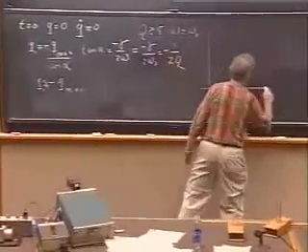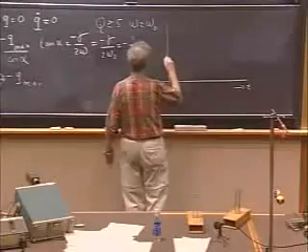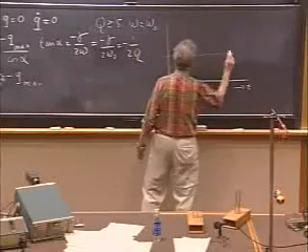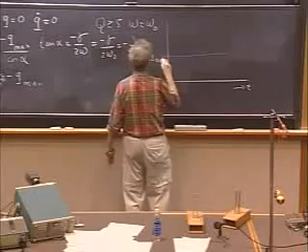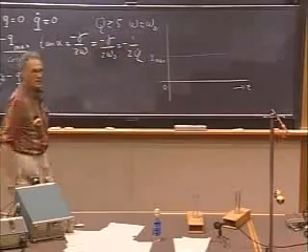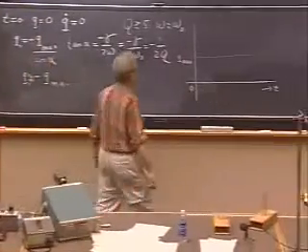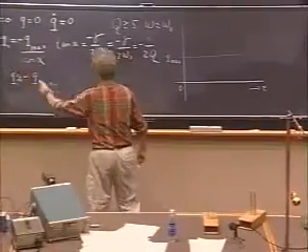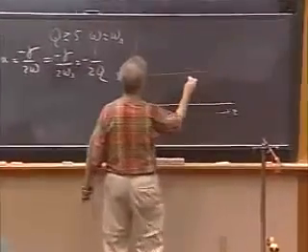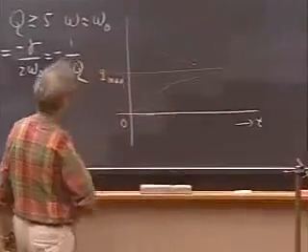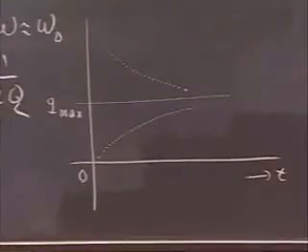So, if this is t, if this is 0, and if this is Q max, which is where ultimately the charge will be if you wait long enough, then to plot now this equation will then give me a curve like this.